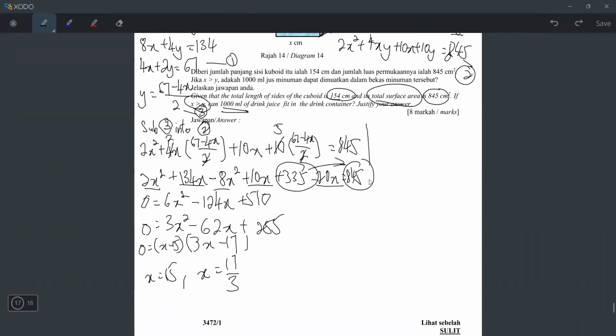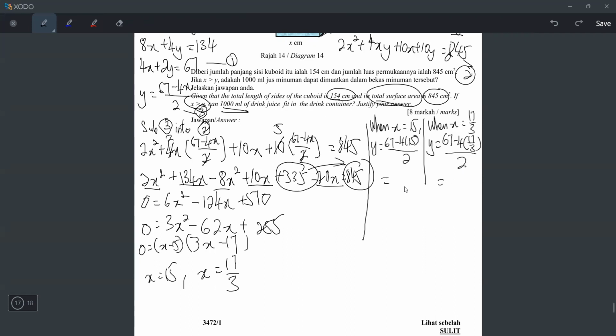Okay. So when x equals 15, when x equals 17/3, so y equals to 67 minus 4x over 2, this is 15. So press, and then what again, 67 minus 4 bracket 17/3 /2, and press.